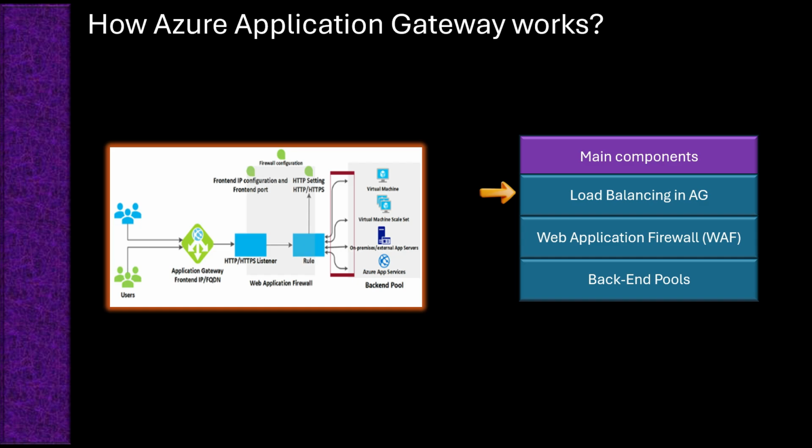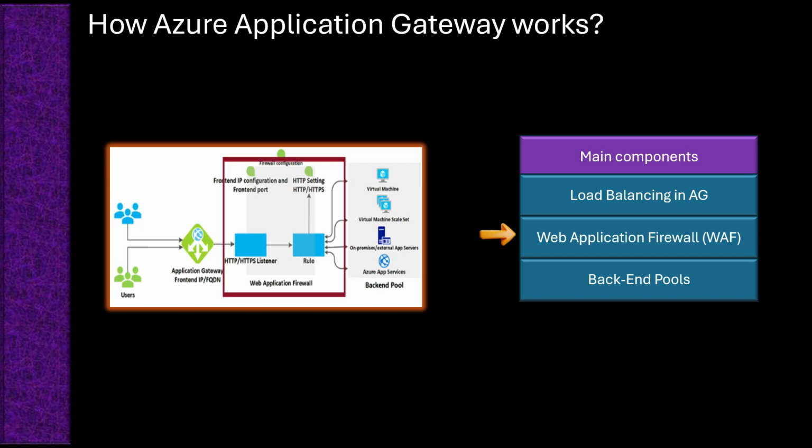Application Gateway uses a round-robin mechanism to distribute client requests across the servers in each backend pool. Additionally, session stickiness ensures that requests from the same client are directed to the same server, which is important for maintaining continuity in applications like e-commerce, where a transaction shouldn't be disrupted by switching servers mid-process.